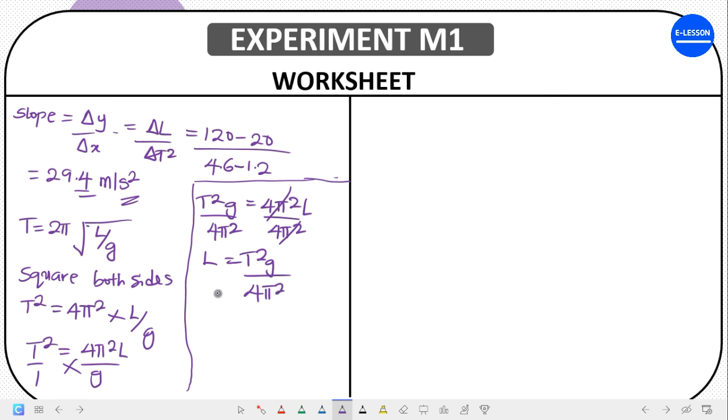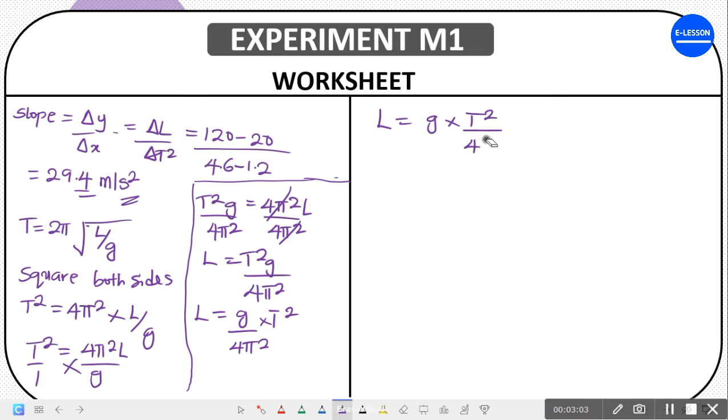Now, this is your L. So our L is, let's say, g all over 4 pi square times what? Times t square. Are you getting it? Now, recall L is equals to g all over 4 pi square times t square. Now recall the equation of a straight line.